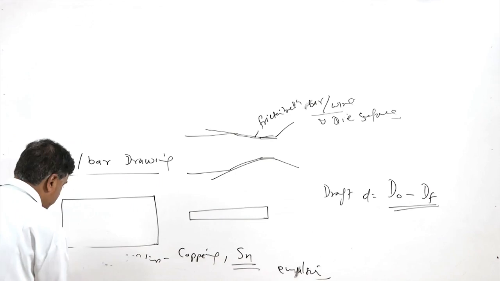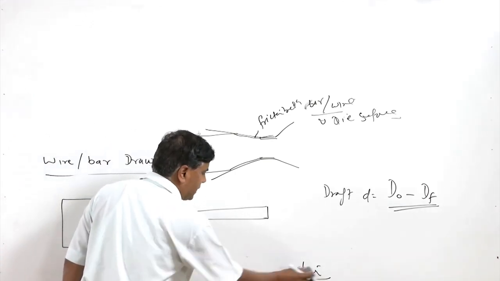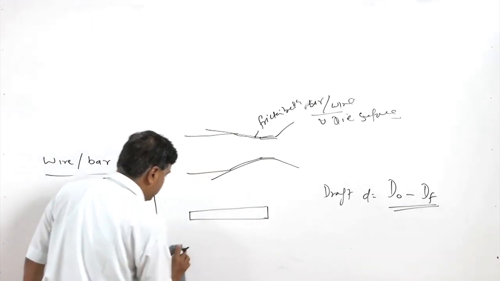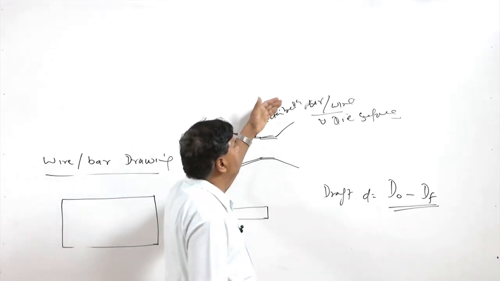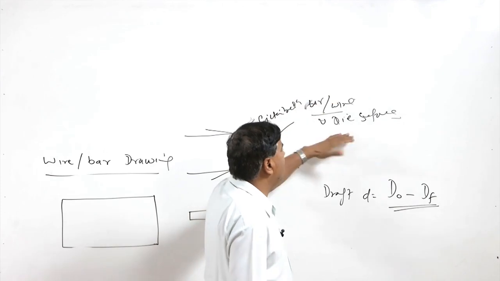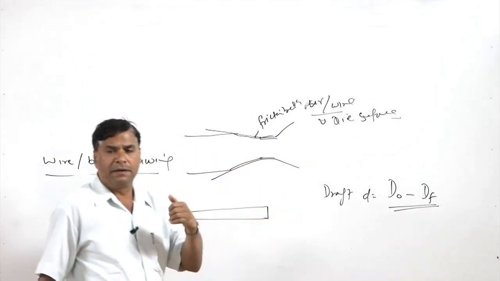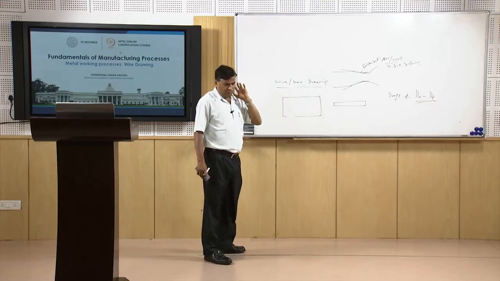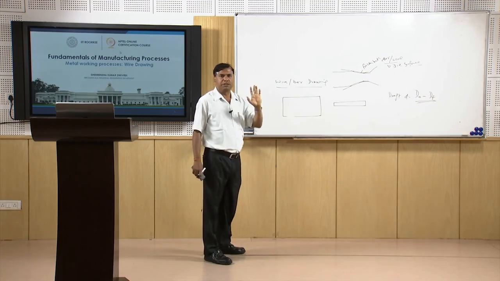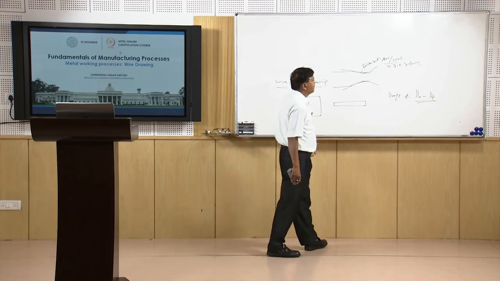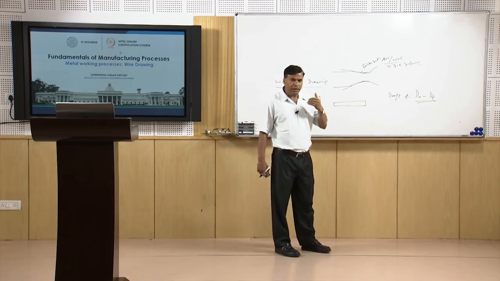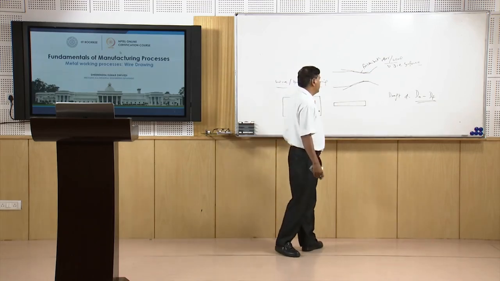The basic purpose of applying the lubrication is to reduce the friction between the bar or wire and the die surface, so that the movement of the wire being drawn inside the die can be smoothened, and the power required for the wire drawing purpose can be reduced.